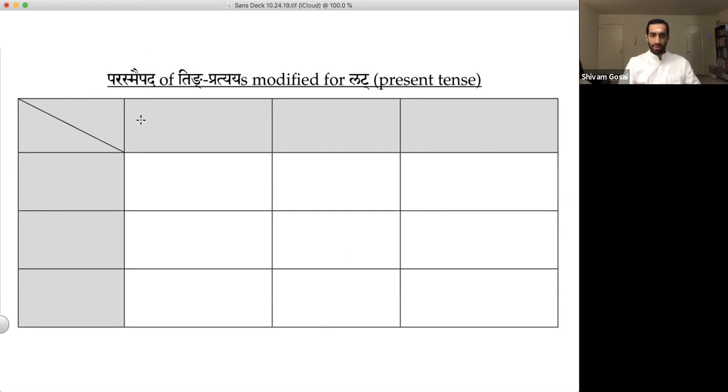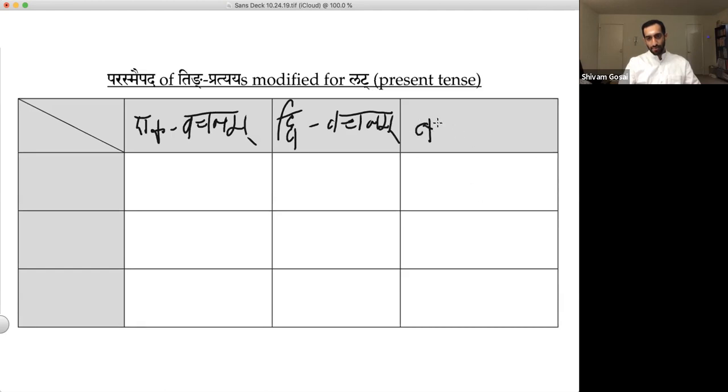So we have eka vachanam, we have dvivachanam, and then we have bahuvachanam. If you already have this filled out, maybe you can take out an empty piece of paper and you can write it along with me.